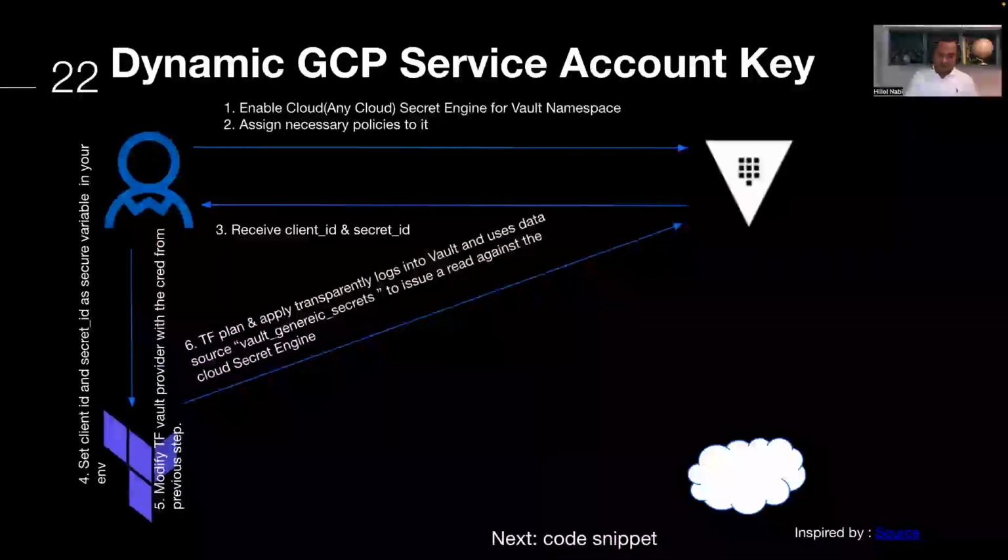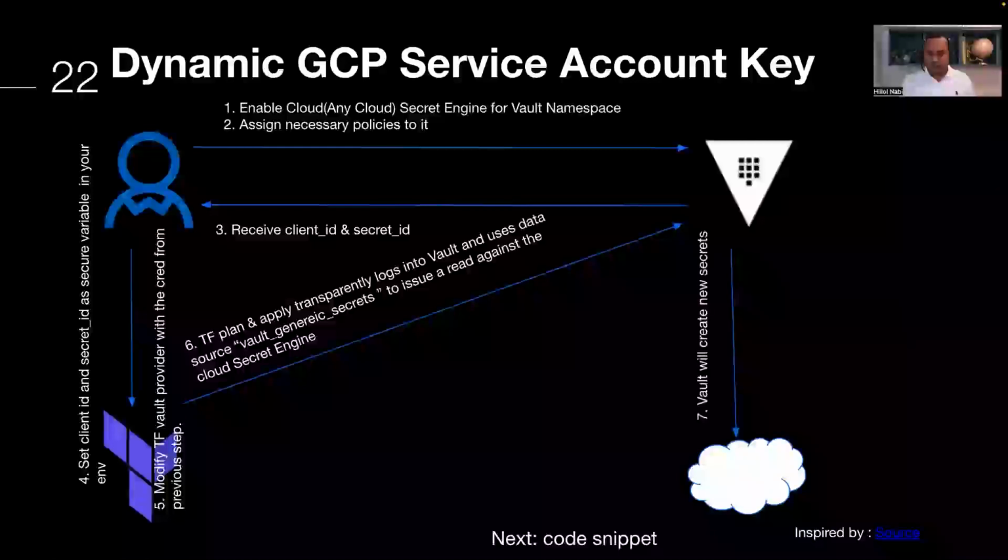After that, in the 6th step, Terraform will be used to provision HashiCorp Vault itself. So we will use Vault generic secrets in this case, so that Vault can issue a secret permission with the cloud that we are using.